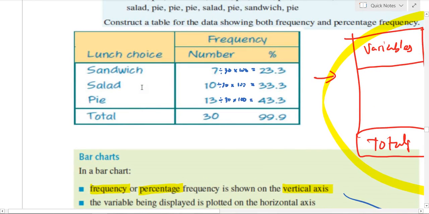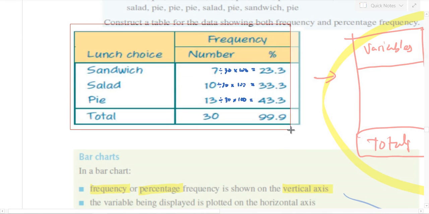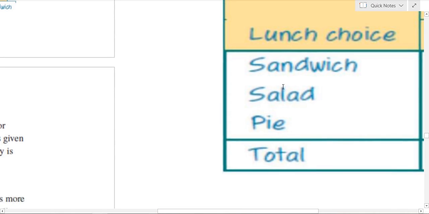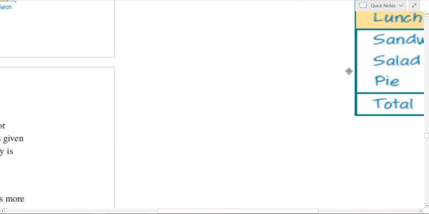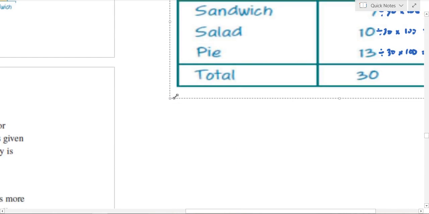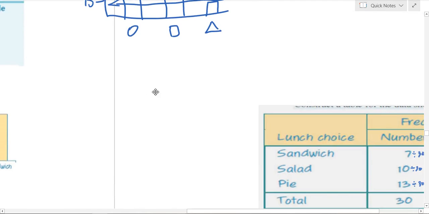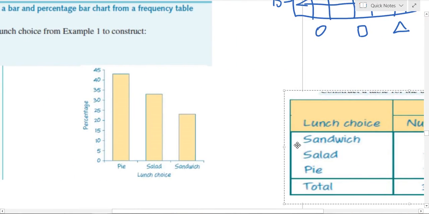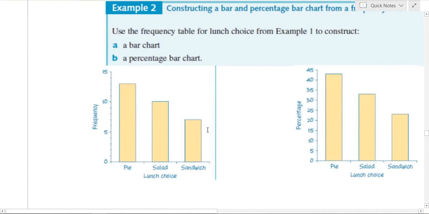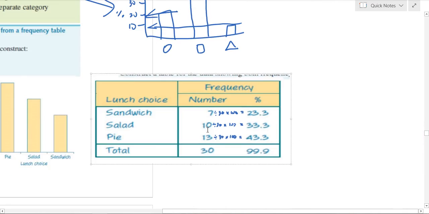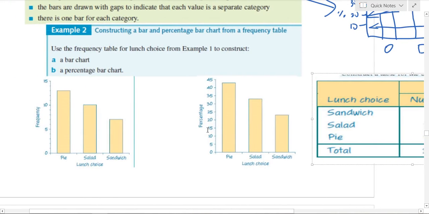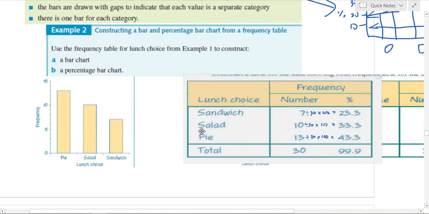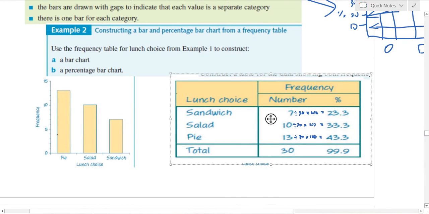So if I get this, they've represented it here as a bar chart. I'll just put it closer here for you guys. You can see here you've either got the percentage or the frequency of this data. For example, if we look at the frequency, you can see you've got the frequencies 0, 5, 10, 15.